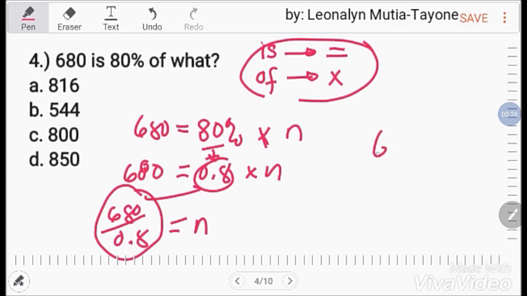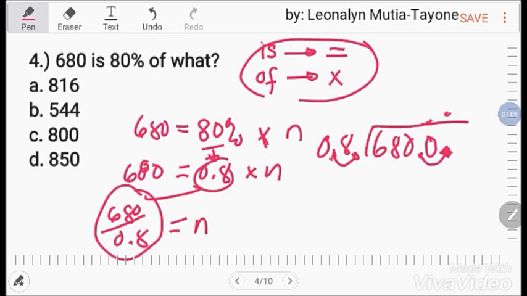Paano gawin natin yan? Maraming nagtatanong paano mag-divide ng may decimal. Kung nandito yung decimal niya, gawin natin whole number si 0.8. I-move natin to the right, isang beses. Ang decimal naman ditong 680 ay nandito. Kung isang beses siyang na-move to the right, ganun din ang gagawin natin, move to the right ng isang beses at lagyan natin ng 0 dyan.